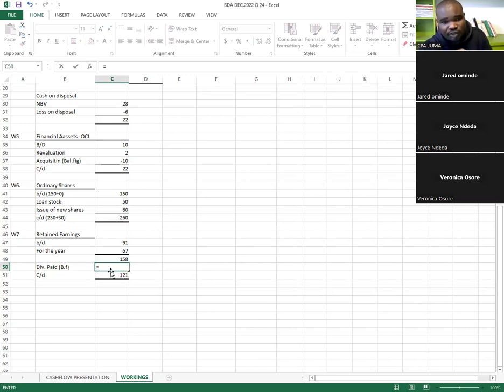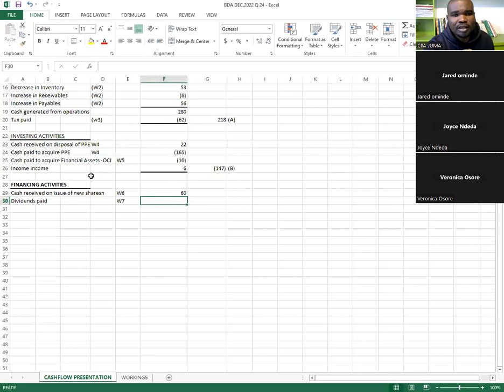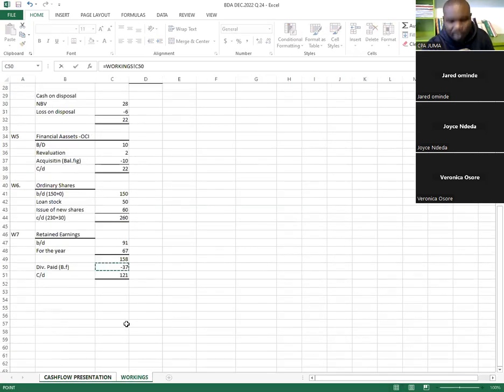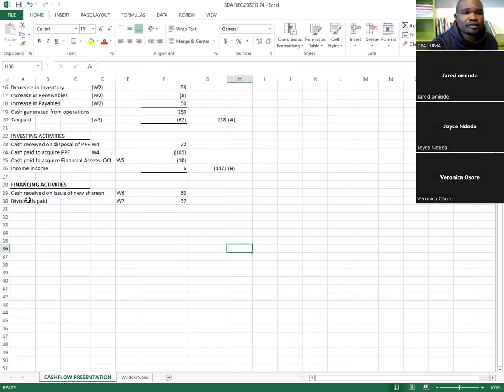Dividends paid is 121, the closing profit, minus what it was supposed to be. So they paid dividends of 37. Go back to your sheet, say is equals to this one here, enter. Correct. Next item, under equity we are done.